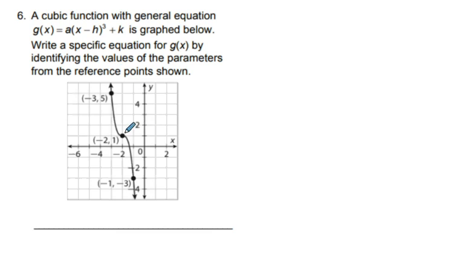Basically, this is your inflection point, and the coordinates of that inflection point are going to be -2, 1. So basically, that is going to be our h, k.